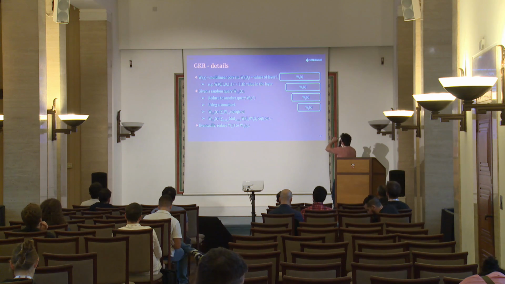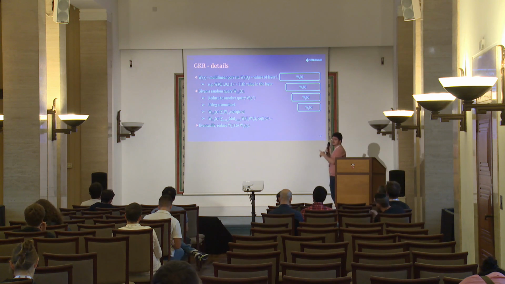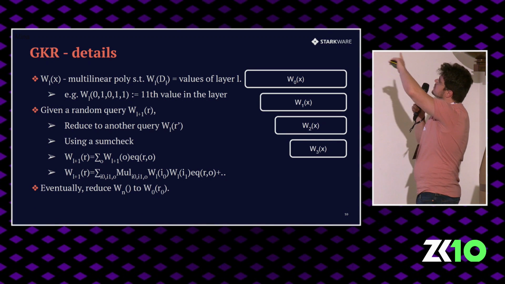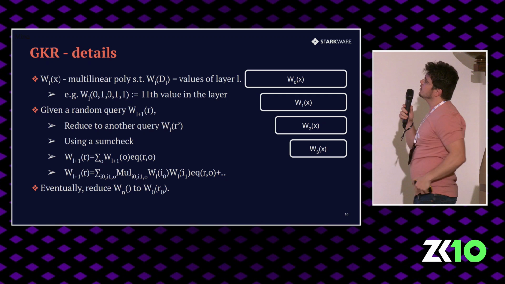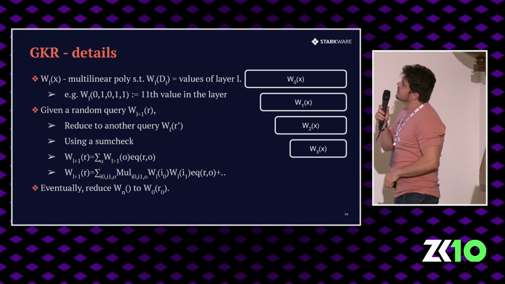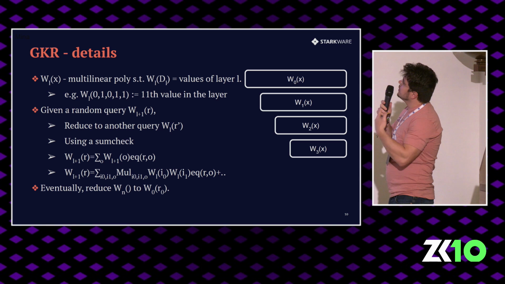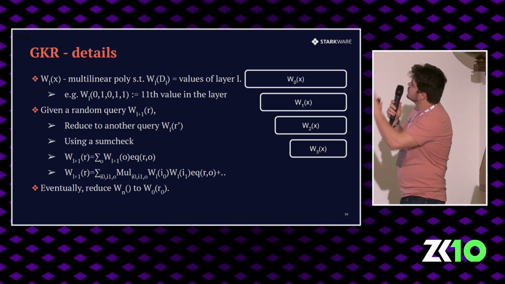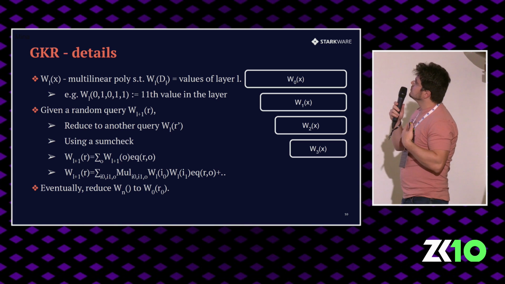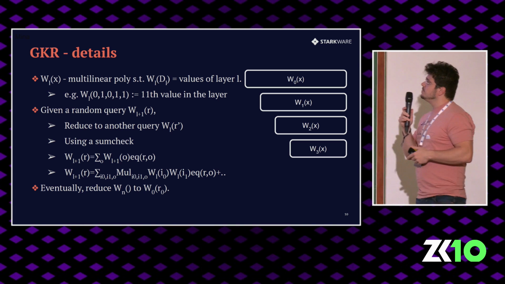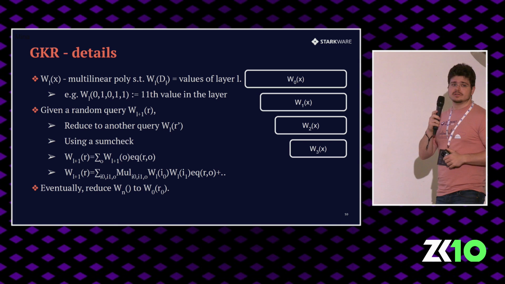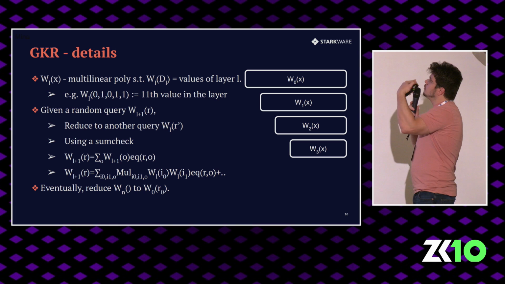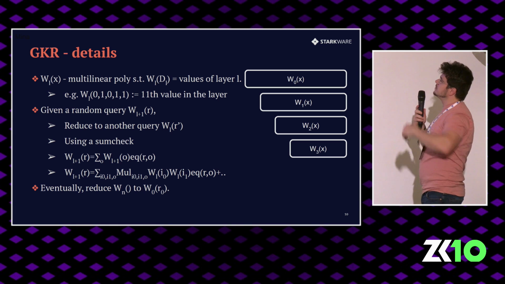Okay, so how does GKR work? Like I said, we have an arithmetic circuit and it has layers where the input layer is called W0, the next layer is W1, the next layer is W2, etc. And each one is a multilinear polynomial, and it represents the entire values of the layer. And the idea of GKR is to reduce a query to a layer into a query to the layer above it.